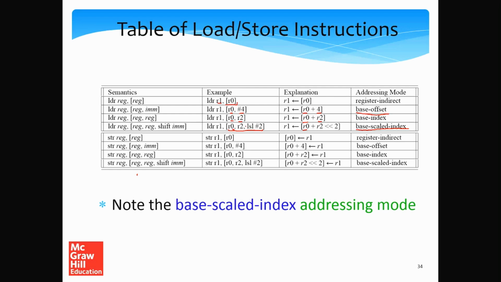All 4 of those shifts are allowed. In this particular case we have given LSL as an example. R0 is the base, R2 is the index, and we are scaling the index, which means multiplying it by 4, which is the same as left shifting it by 2 positions.